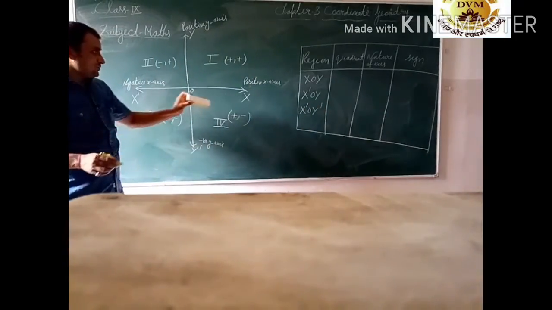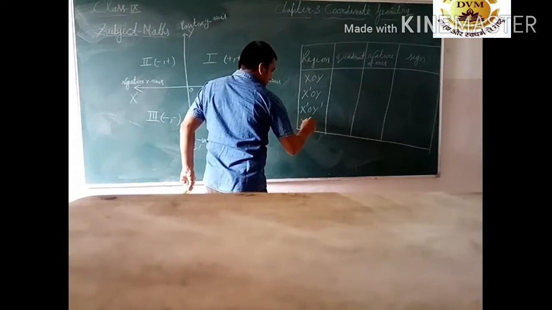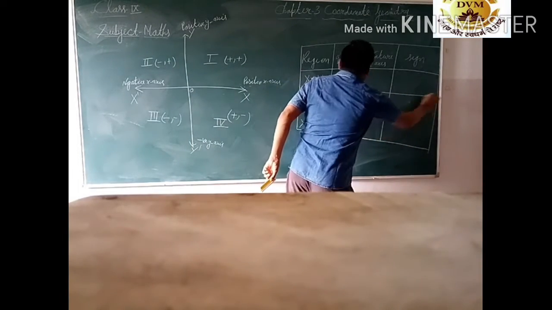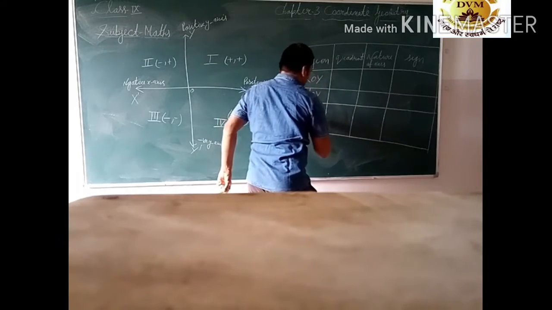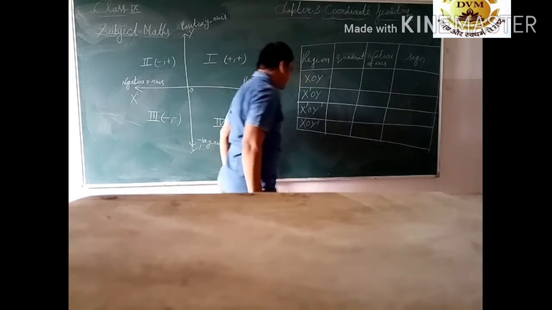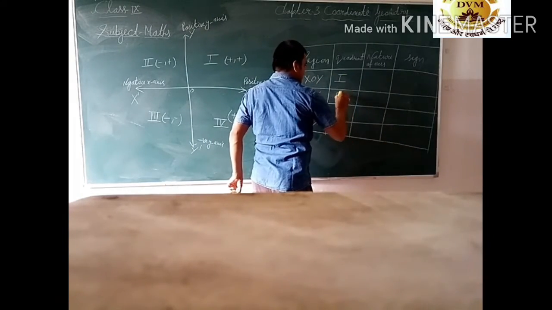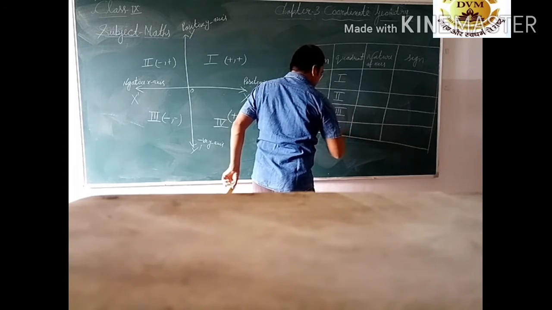The region of fourth quadrant x, o, y dash. Clear? Now quadrant name: first quadrant, second quadrant, third quadrant and fourth quadrant.